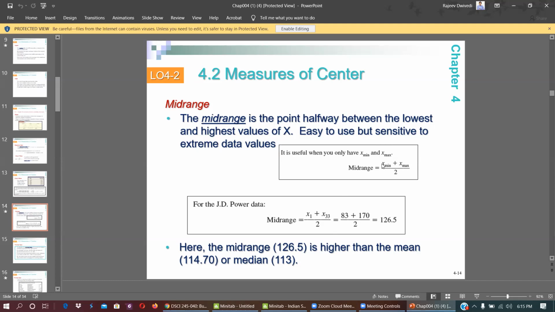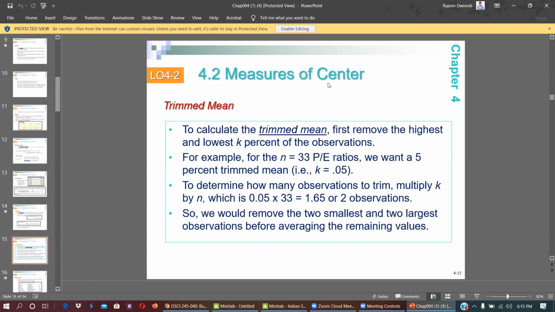You take the highest value, and actually you can get everything on our Minitab. You don't need to do anything by hand or by calculator. So the trimmed mean is another important thing. Though I will not ask this in the exam, you need to know what the trimmed mean is.